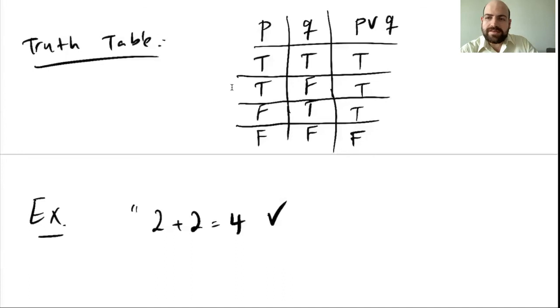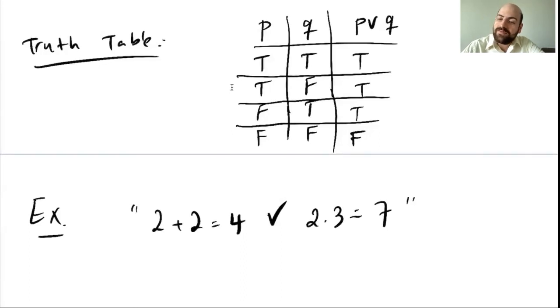So still, if I say I'll watch a movie tomorrow or I'll eat chicken, even if I do only one of them, the overall compound sentence is still considered true because there is an or between them. Or in a mathematical example, if I say 2 plus 2 equals 4, or 2 times 3 equals 7.